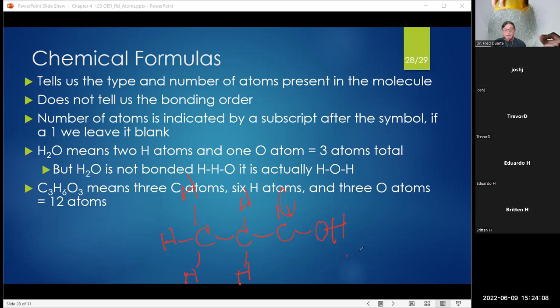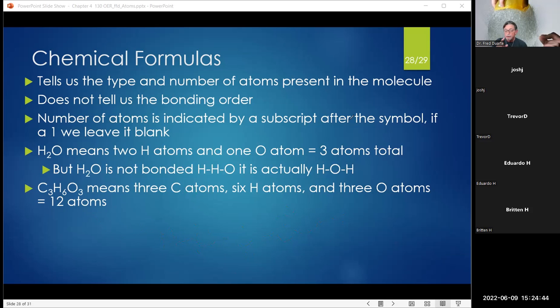This is the structure for vinegar, which would be that general formula. But I can rearrange these atoms to write totally different structures. So right now our main goal is to determine how many atoms of each we have for a particular compound. And here we've got 3 carbons, 6 hydrogens, and 3 oxygens.